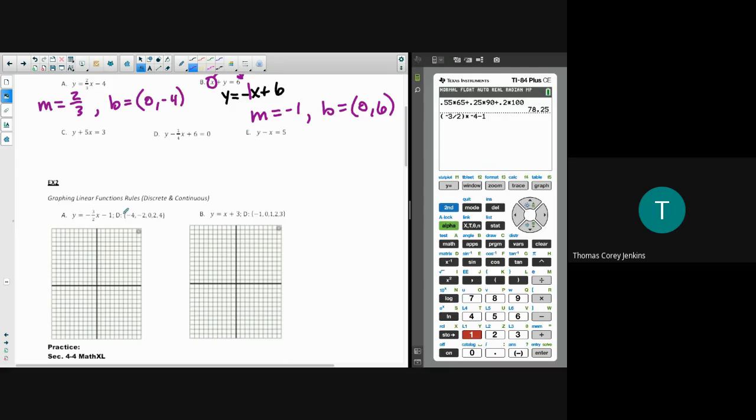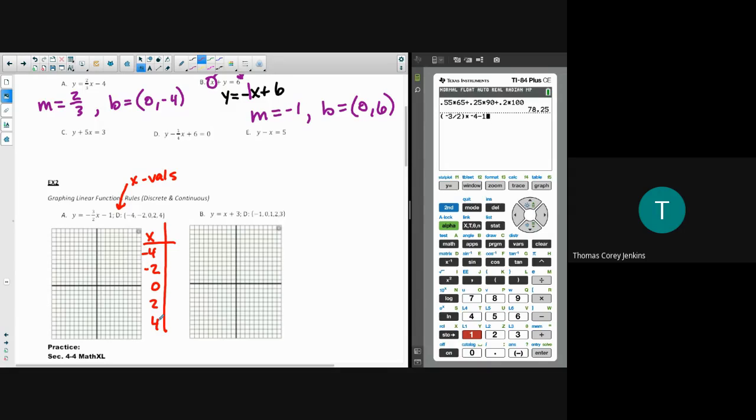So the domain is the x values they want us to use, or input values. All right, so they only want us to basically plot the points for this table right here. So they've given us that they want us to find the output that goes with -4, -2, 0, 2, and 4.